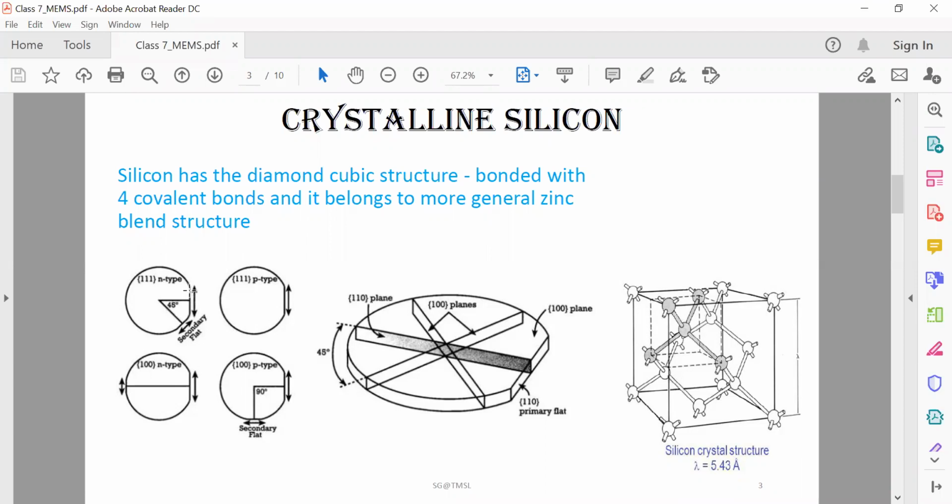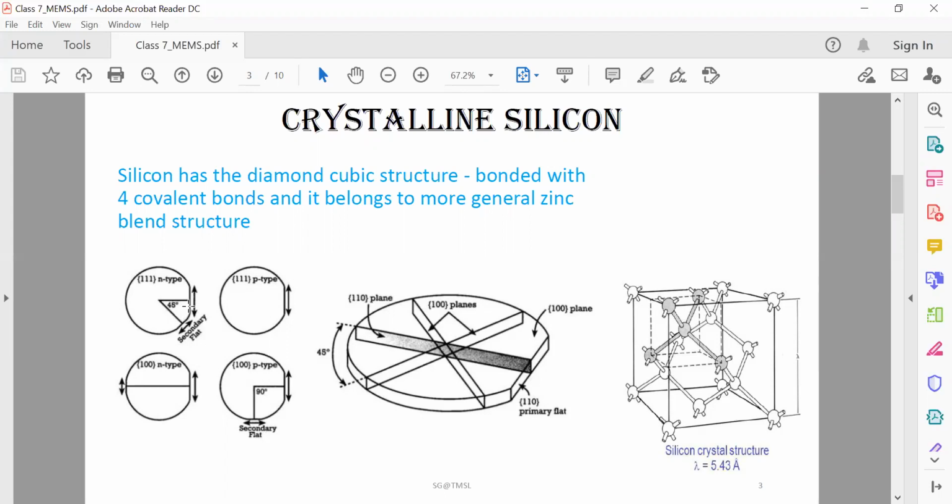Okay, it is cut here. First the silicon wafer is in round form, then it is cut, and this is called the primary flat. Okay, this is a circular thing. This is the primary flat, and here this is another cut which is called the secondary flat.